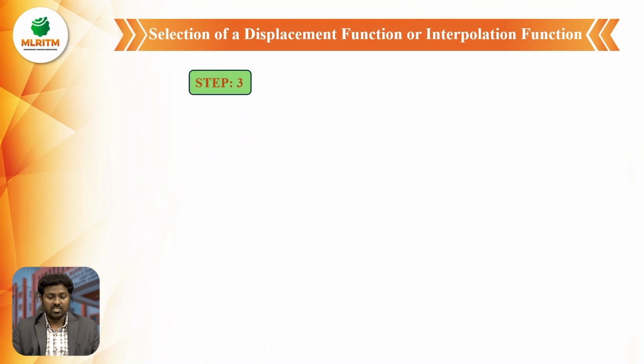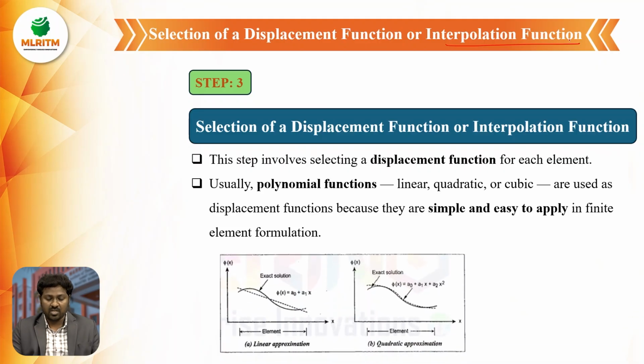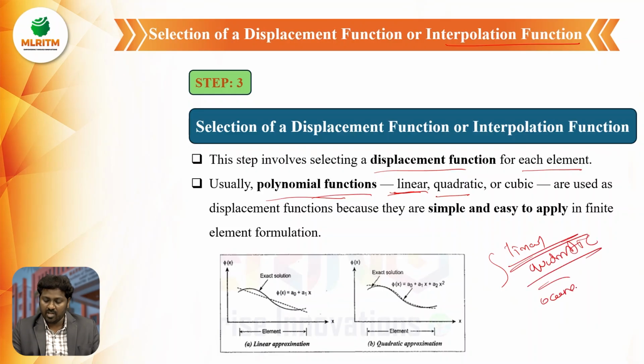The next method is step 3, selection of the displacement function or interpolation function. The displacement function of each element is a polynomial function. We have two kinds of polynomial functions, linear and quadratic. Once we have the numbering, applying a linear or quadratic polynomial function gives an accurate value.